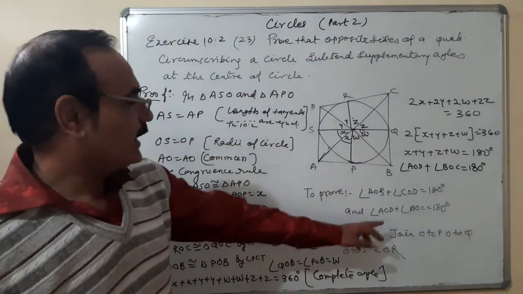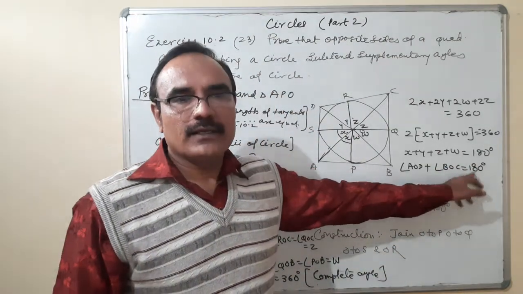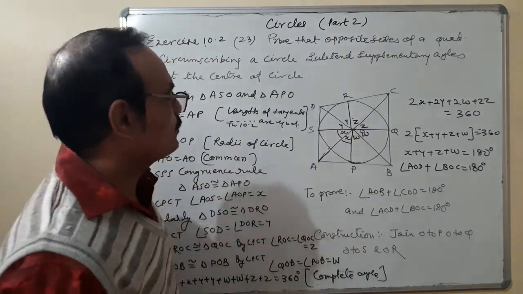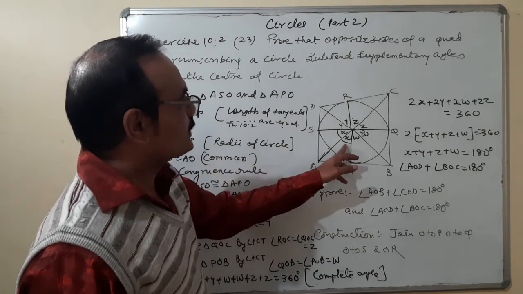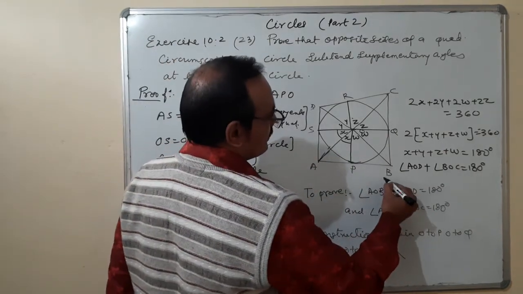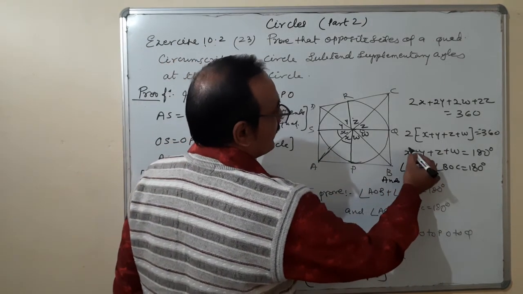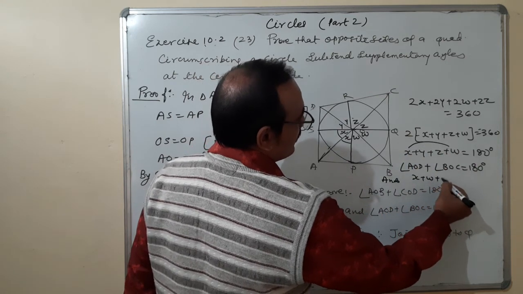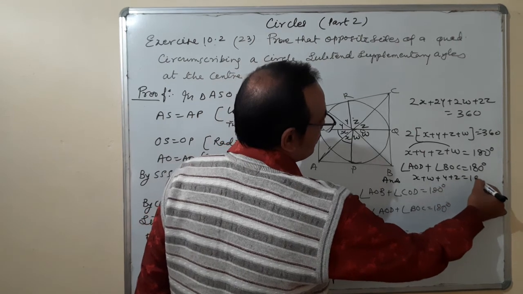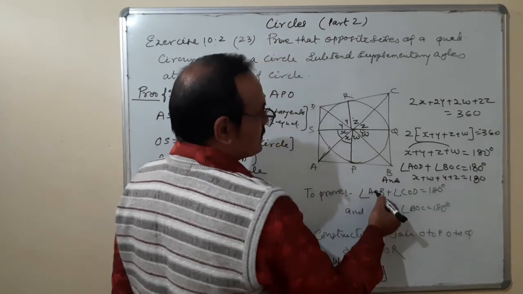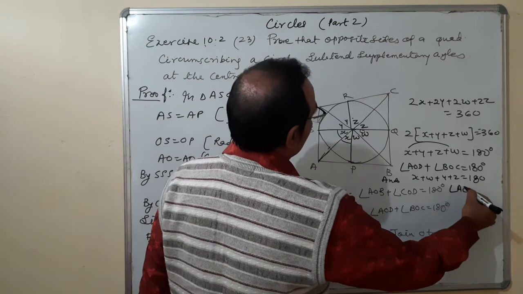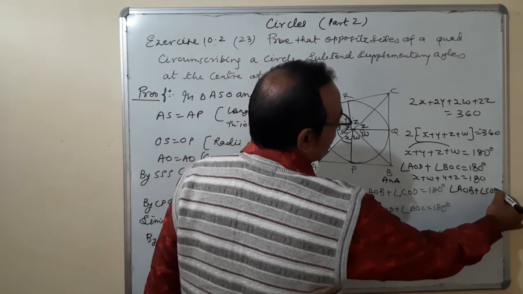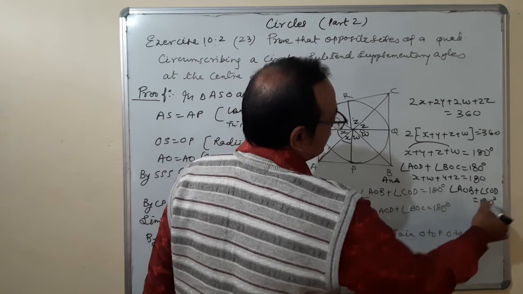So AOD plus BOC is equal to 180. Similarly, if the sum of these two is equal to 180, the remaining two, x plus w plus y plus z, is equal to 180. X plus w means angle AOB plus angle COD is equal to 180.